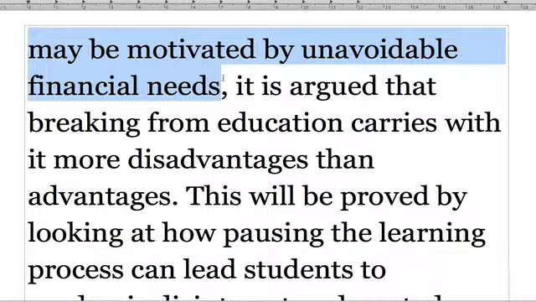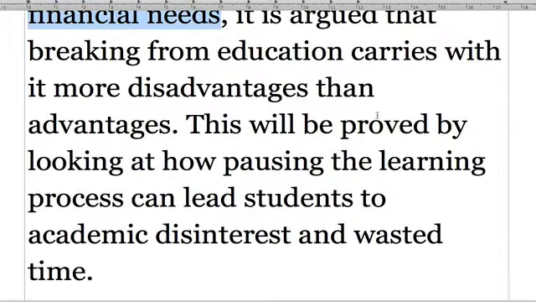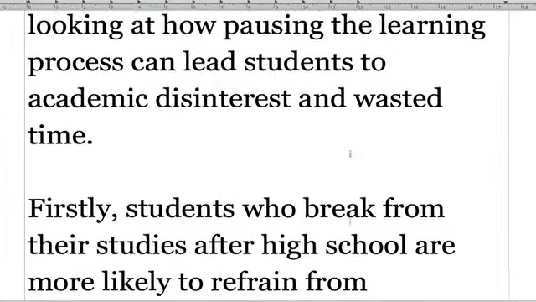But aside from that, we're arguing that there are more disadvantages than advantages to taking this break from your studies. This will be proved by looking at how pausing the learning process can lead students to academic disinterest and wasted time. So those are the two topics we will be looking at in our supporting paragraphs.